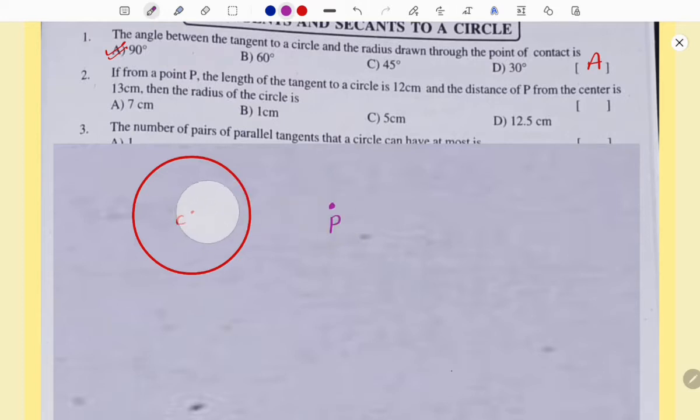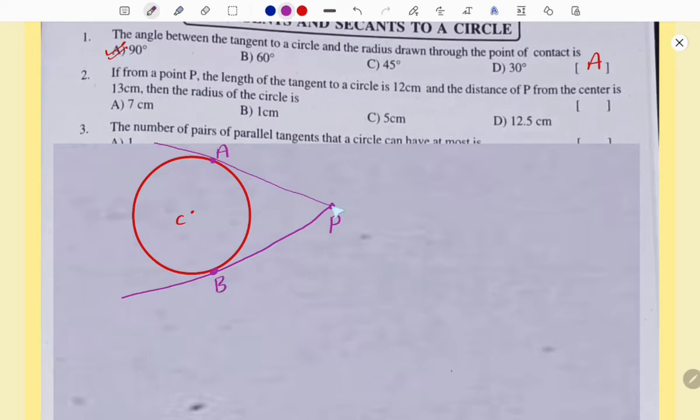Suppose I draw one tangent like this, another like this. There are only two tangents from an external point. One point of contact is denoted A, and the other point of contact is denoted B.